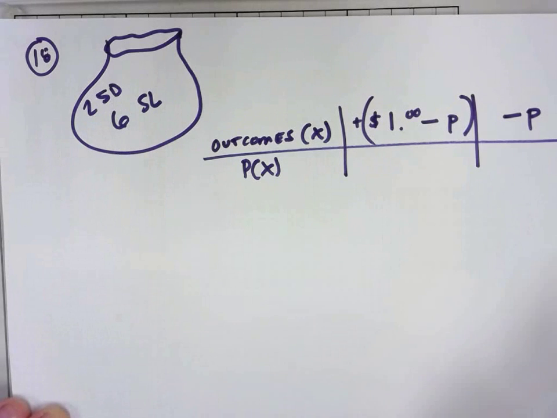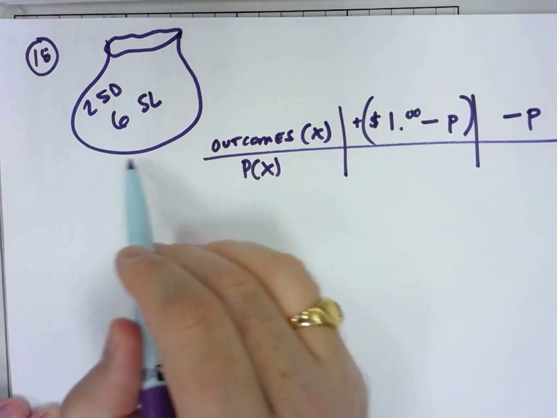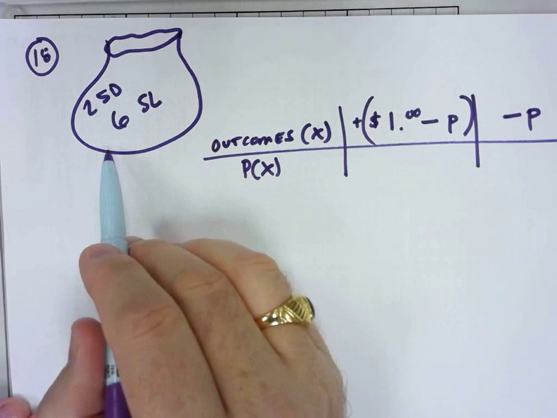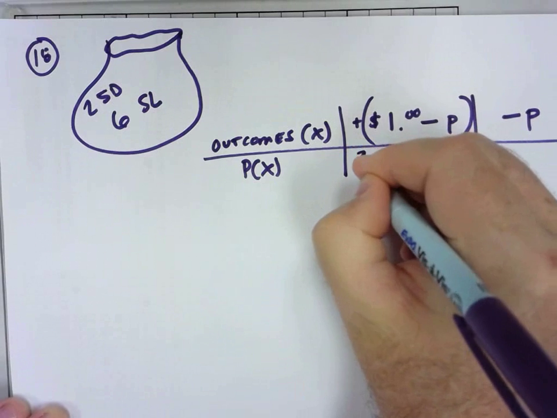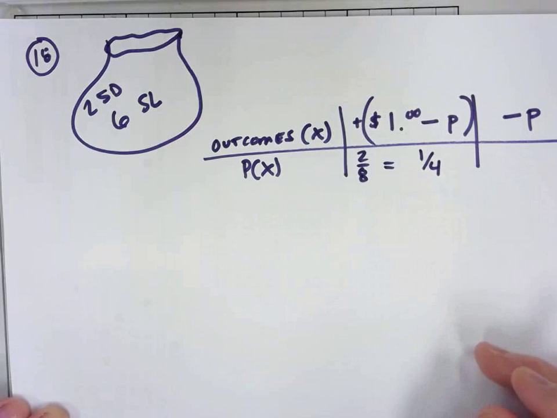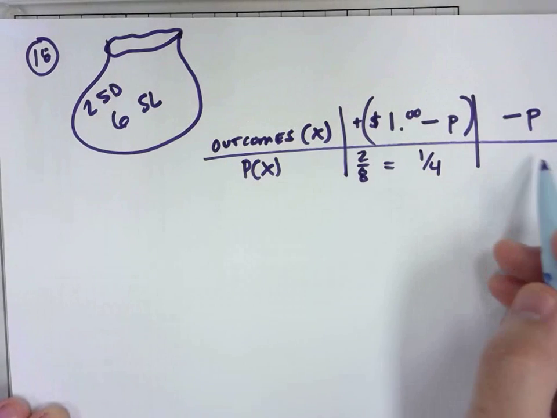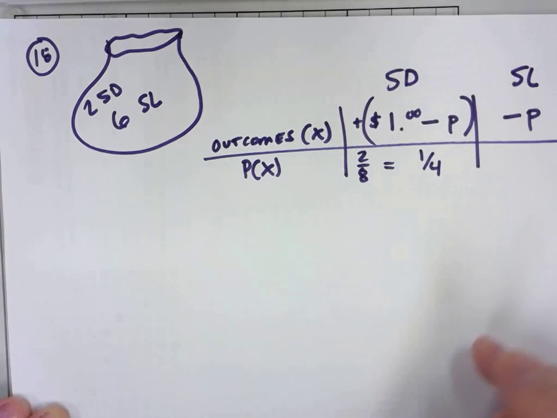How many silver dollars are in here versus the whole bag? What's the probability of drawing a silver dollar out? It's going to be 2 out of how many coins? It's 2 out of 8, which is 1/4. And 6 out of 8 for the slugs is going to be what? This is your silver dollar and this is your slug.